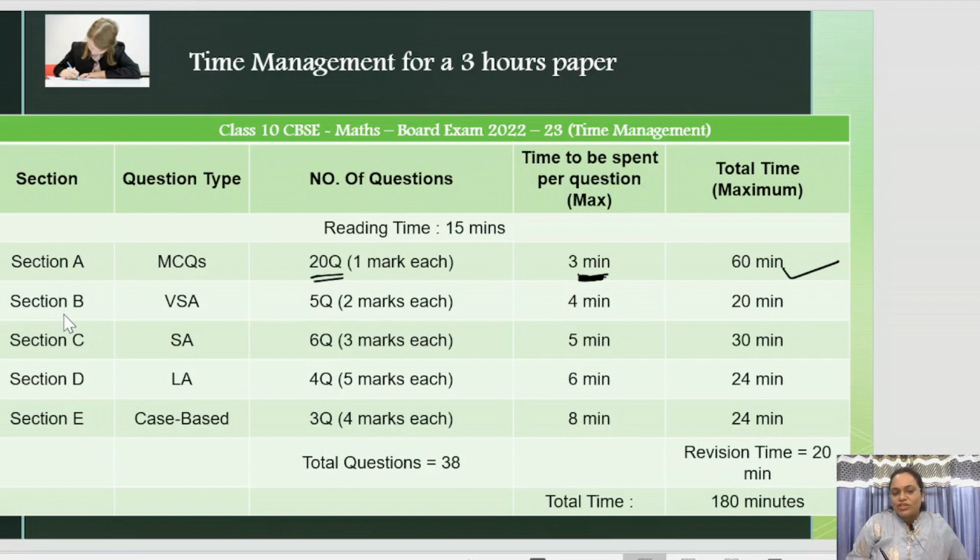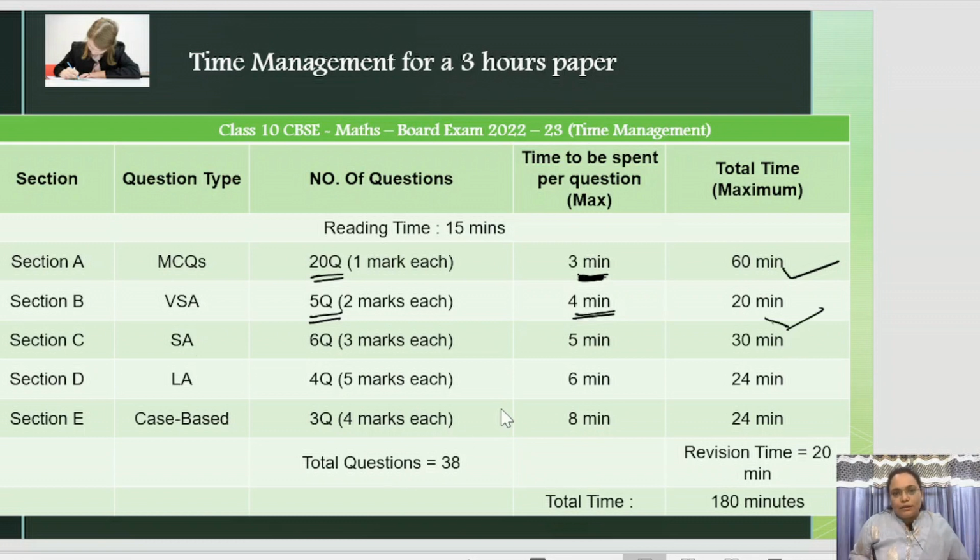The next is Section B. It is very short answer. You will have 5 questions and each question carries 2 marks. It should not take more than 4 minutes to complete each question, so the whole of Section B should not take more than 20 minutes.